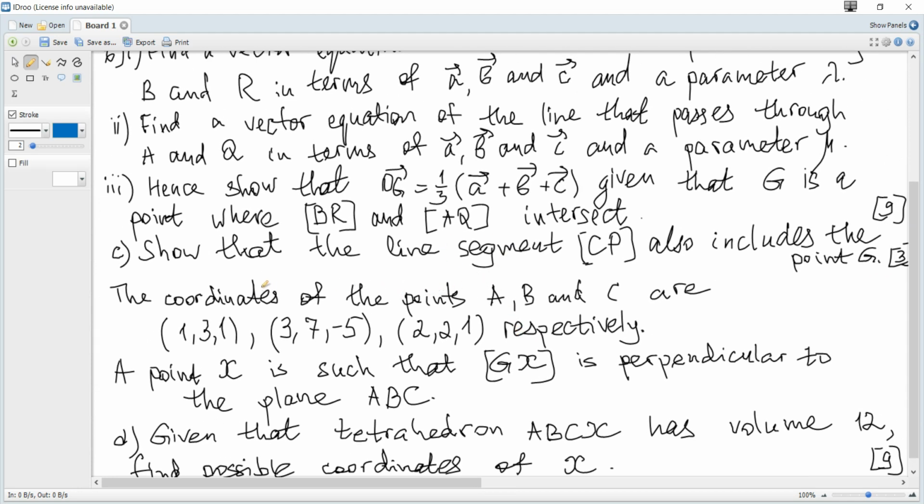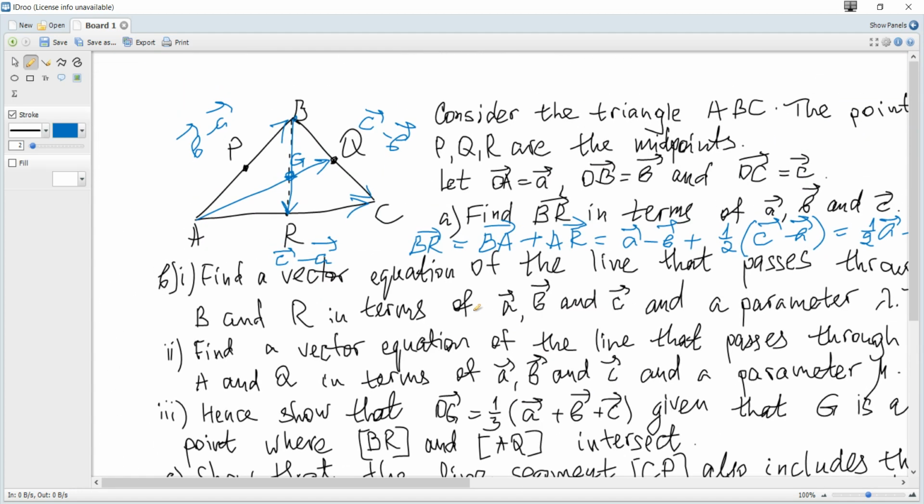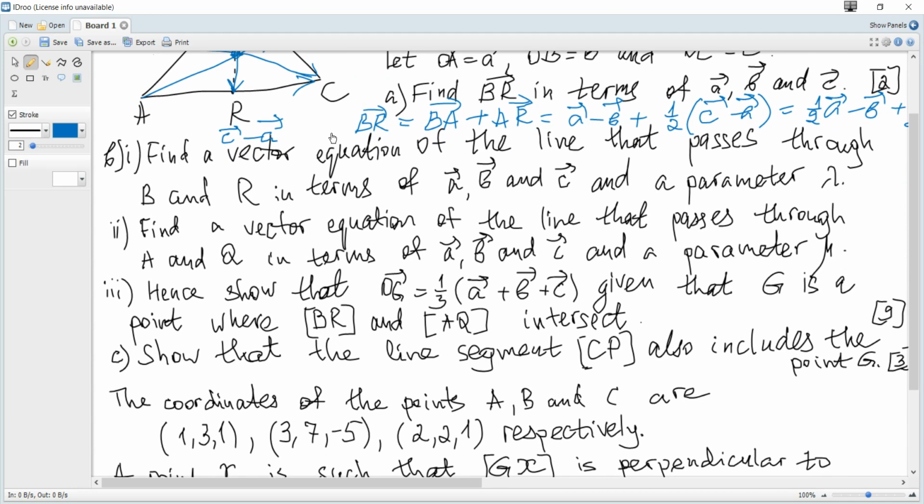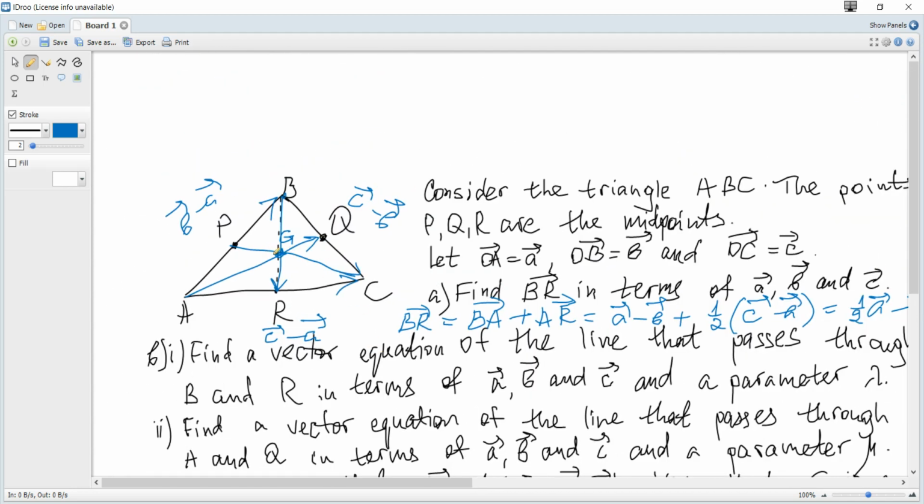The next part shows that the line segment CP also includes the point G. We can show that CP includes point G, and for example we can show that points C, G and P lie on the same line, hence PC includes G. And how to show that three points lie on the same line?